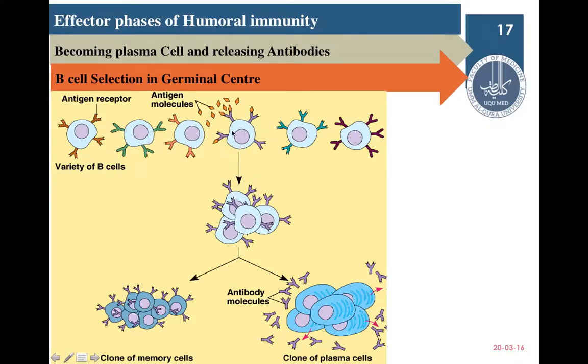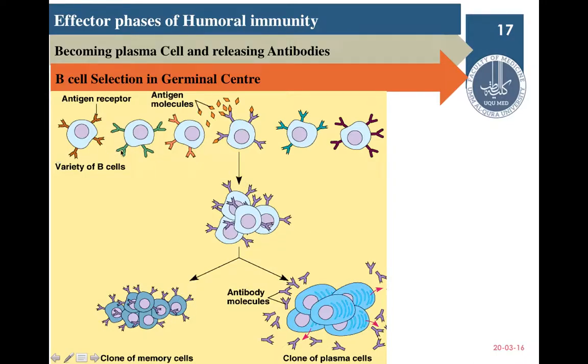Out of those millions of B cells, if just a couple of B cells recognize the antigen, they will be selected, and this selection of a B cell specific for the antigen is called clonal selection. These cells are then capable of proliferating and multiplying into huge numbers, and this is called clonal proliferation. They then differentiate into plasma cells to produce antibodies, a clone of plasma cells, and memory cells are also produced.